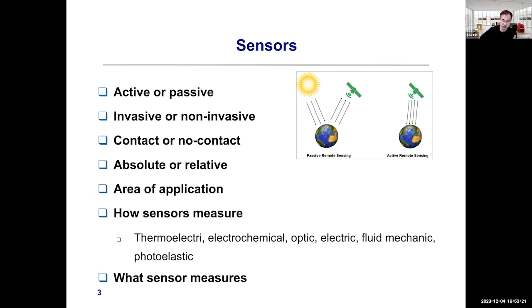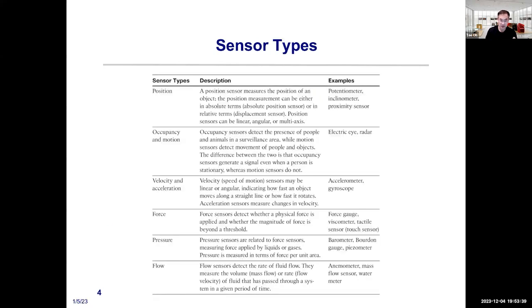You convert that into digital form and send it to the cloud or wherever it needs to go to make a decision. There are a lot of other things measured by sensors, like infrared, or you can measure light, a lot of different things, and there are a lot of different sensor types as well.